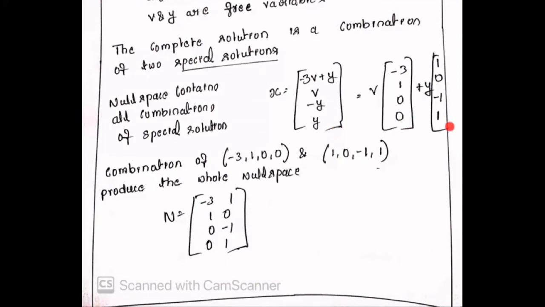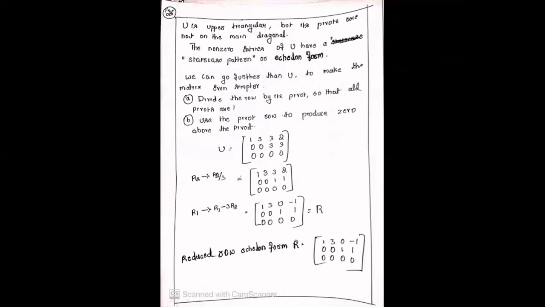You combine these two vectors, that becomes the null space. So you can substitute some values like 0, 0, 1, 0, 1, 1 for these. These are all the possible cases of the special solutions. So this is called a null space. Basically, to find the null space, you first find the special solutions.